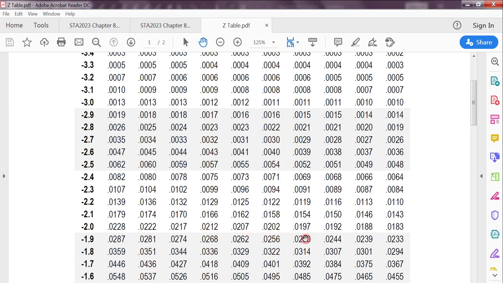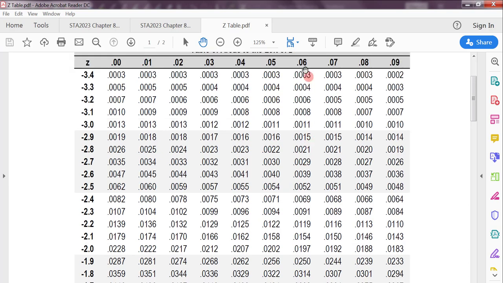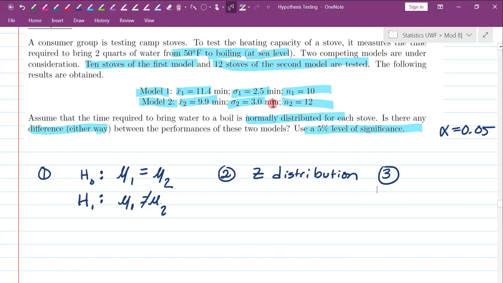So it's negative 1.96 is what it's going to be. So Z is going to equal plus and minus 1.96. Because it's a 2-tailed test, I have a plus and a minus.